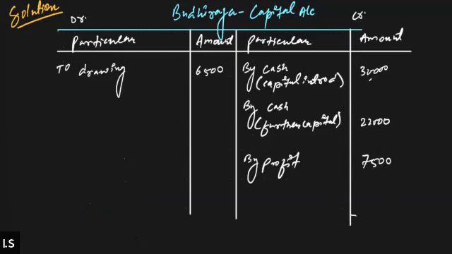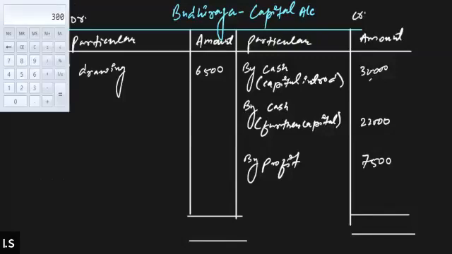Now you can clearly see the credit side is greater than the debit side. So let me just find the total value. Just a minute. It will be 30,000 plus 22,000, plus 7,500, so 59,500 is the total of the credit side.